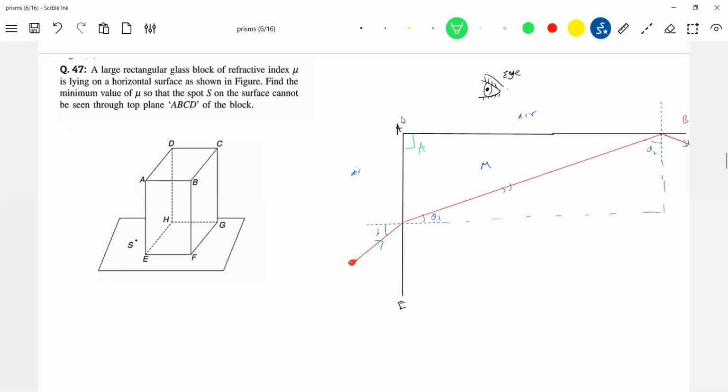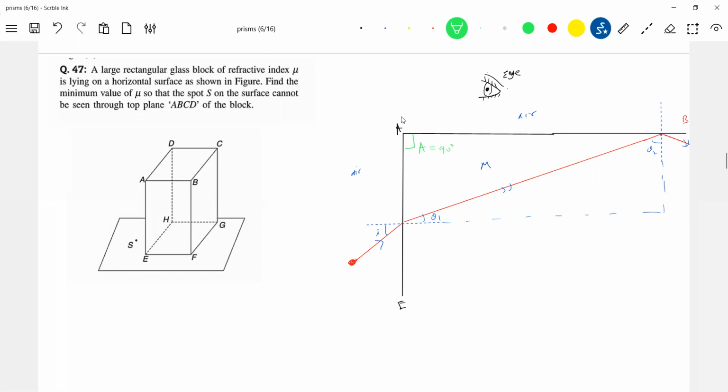So shall we bring this in like a prism, no? The ray has come and has entered and it's like a prism. So what is the condition for no emergence for a right angle prism? The angle of prism should be greater than 2 times the critical angle. And what is the angle of prism here? 90 degrees.